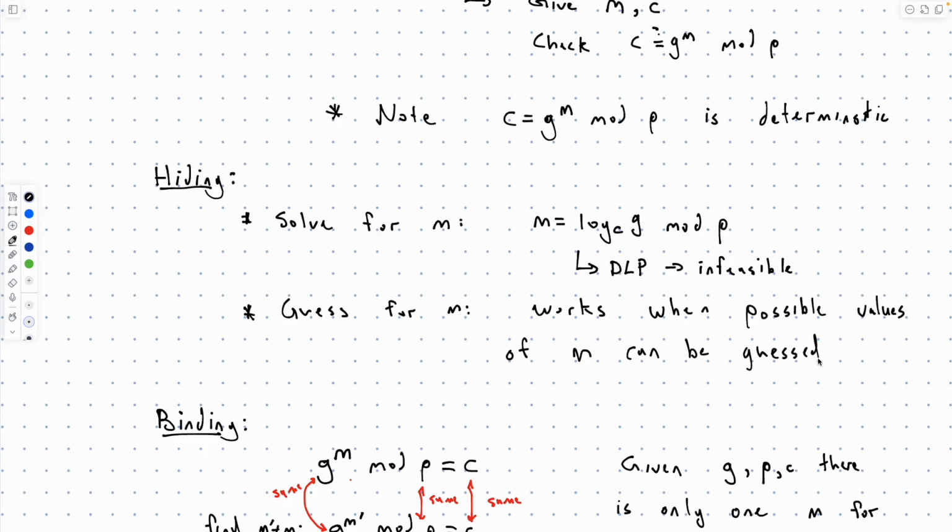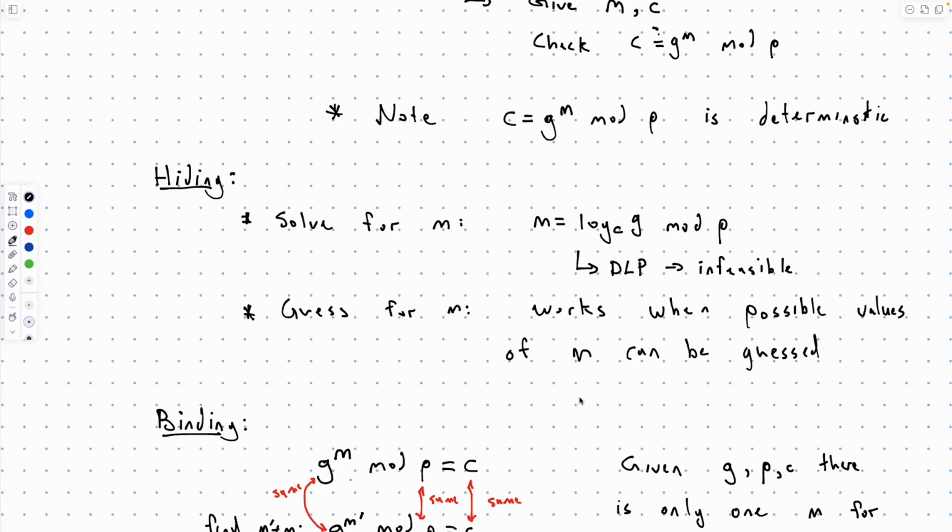But for other types of things, if you have some guesses, like in this case, it's either rock, paper, or scissors, then you can just try them all, and then you'll see which one was committed to, okay? So what that means is that this commitment scheme doesn't quite satisfy hiding yet. It's close, but because we have this guessing problem, it doesn't.